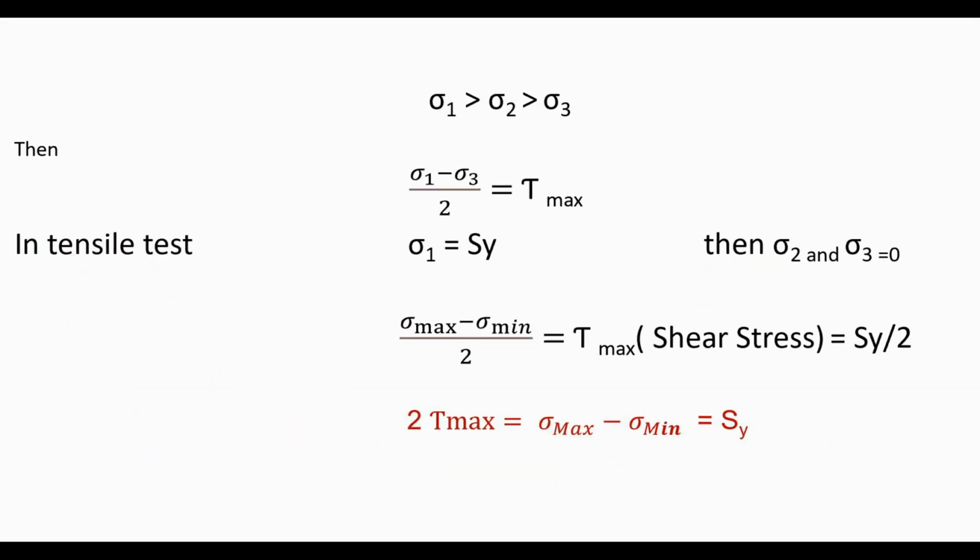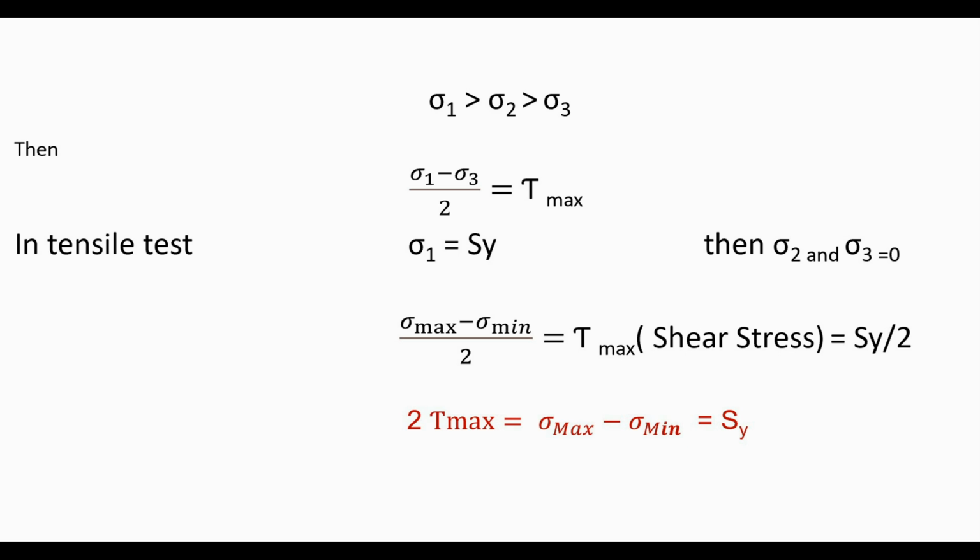Let's assume sigma 1 is greater than sigma 2, which is greater than sigma 3. Then (sigma 1 minus sigma 3) divided by 2 is equal to tau maximum. In a tensile test, sigma 1 is equal to Sy, and sigma 2 is equal to sigma 3 is equal to 0.